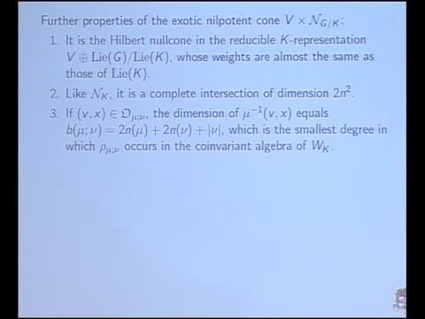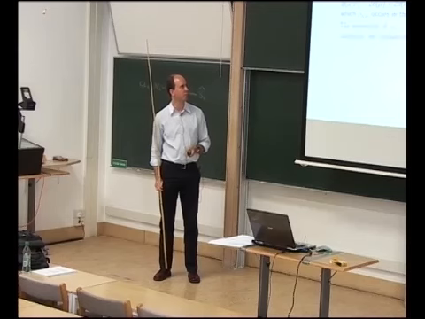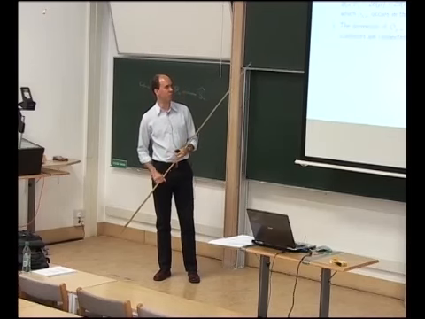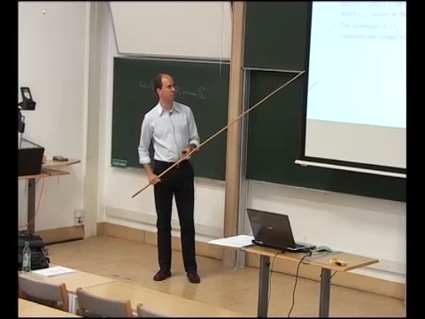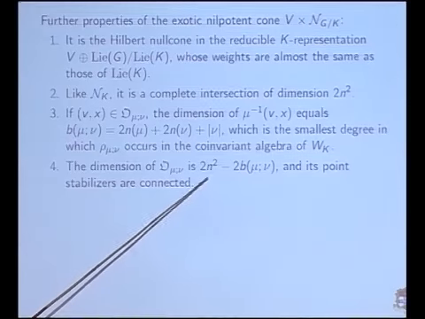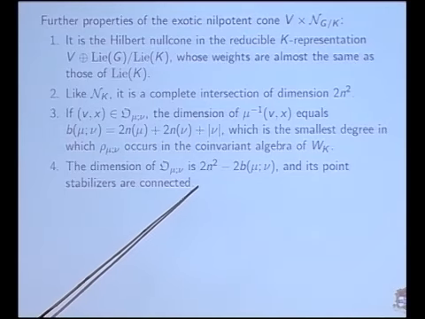That's given by this combinatorial formula involving n, which is the B function in type A, 2n of mu plus 2n of nu plus the size of nu, which you can find in Macdonald's book, for instance. So the A function equals the B function, which is something that doesn't happen in the ordinary Springer correspondence.